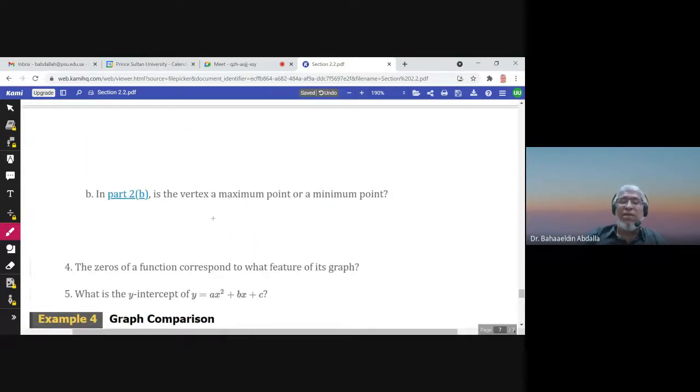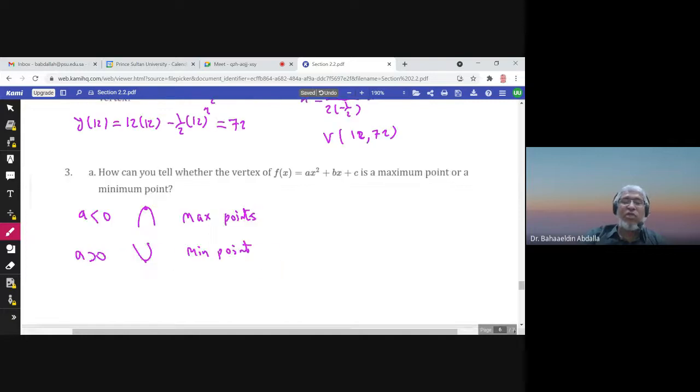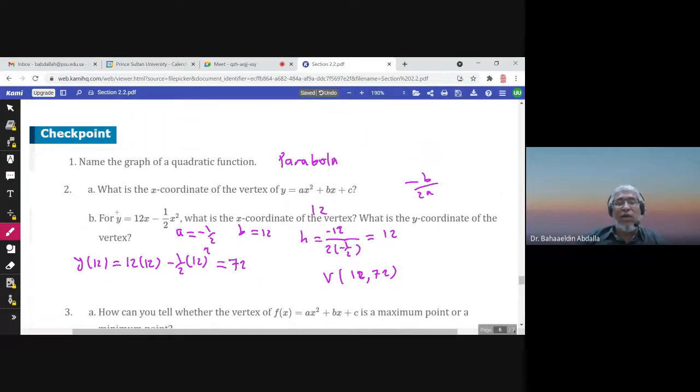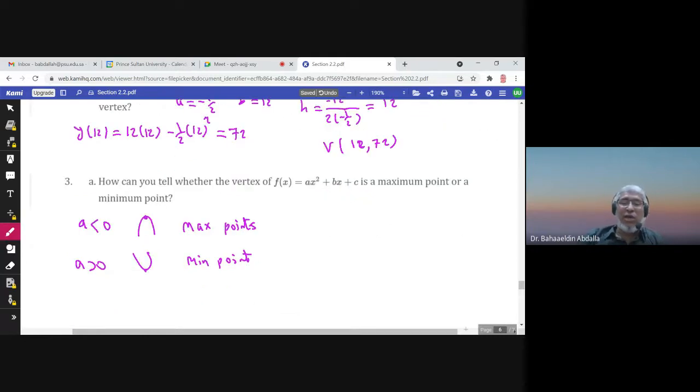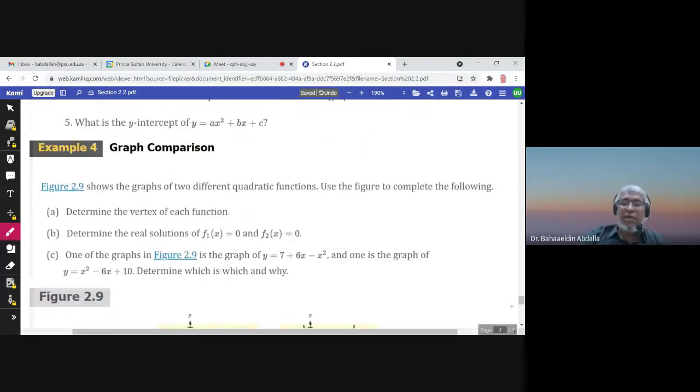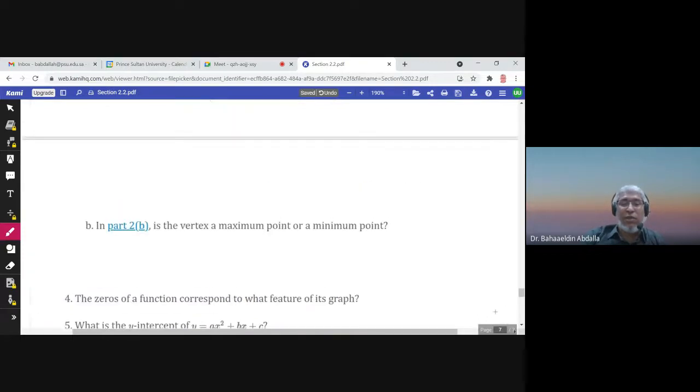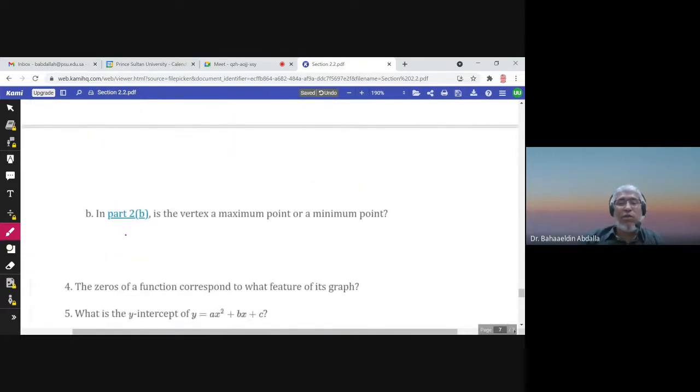Is the vertex a maximum point or minimum point in 2B? Well, here A is negative. So we have a graph like this, and the vertex is the maximum point. Since A is less than 0.